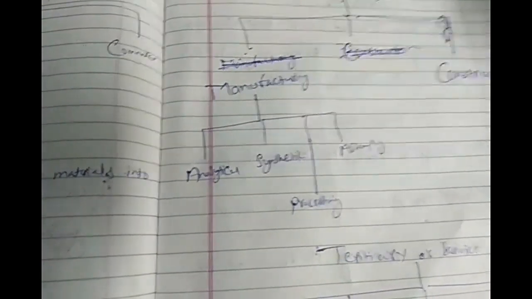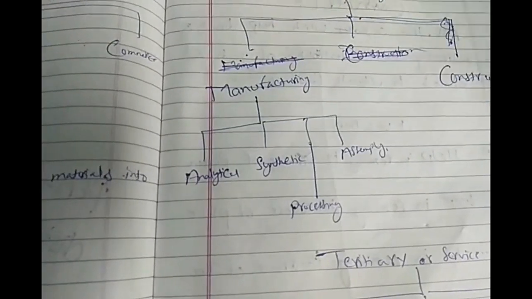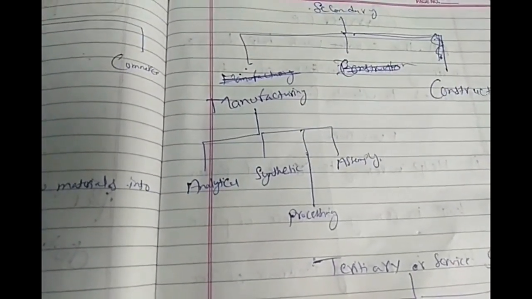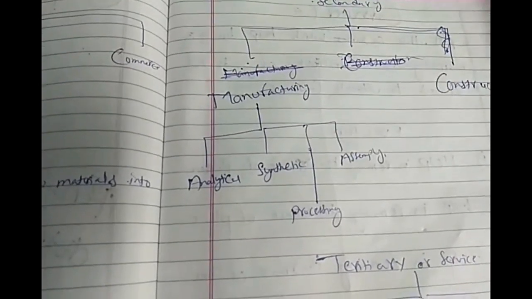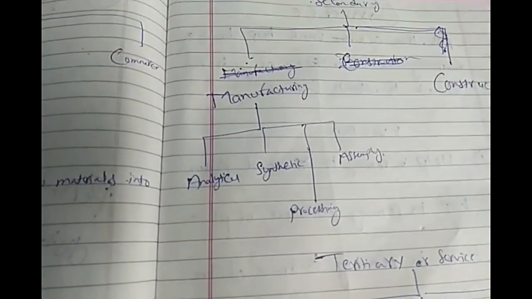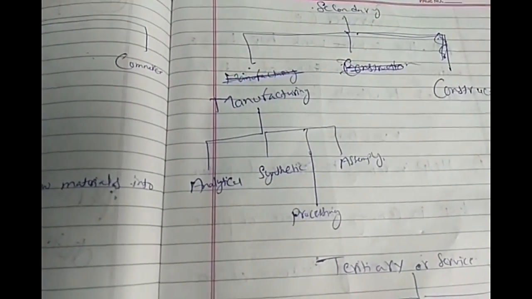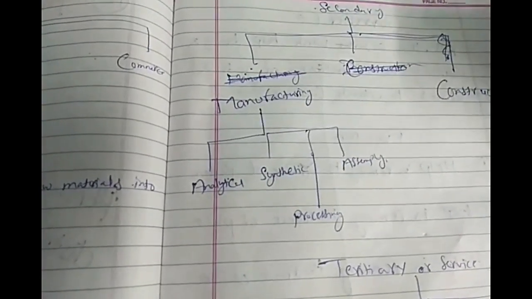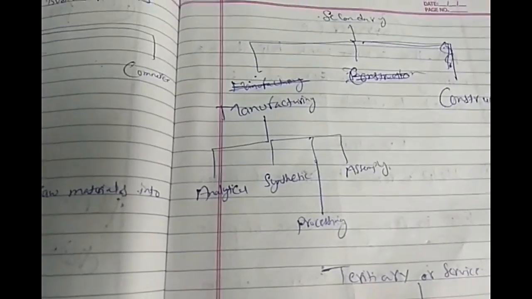For example, computers, automobiles, watches, televisions. Automobile means cars, vehicles, two-wheelers, four-wheelers. These are assembly industries. That is clear to everyone.